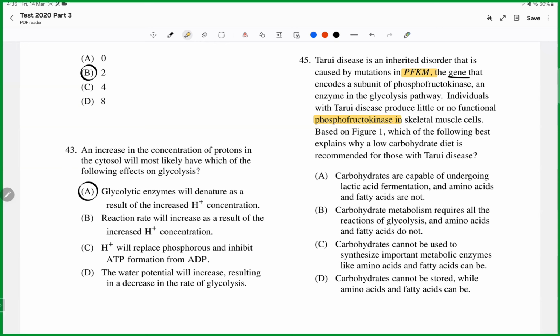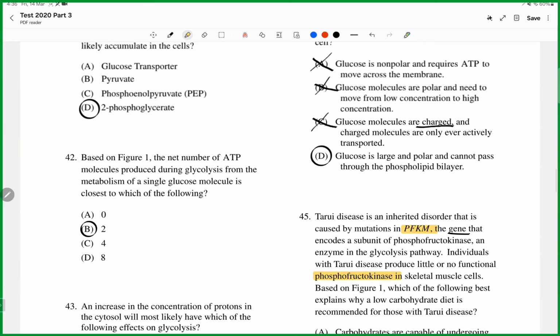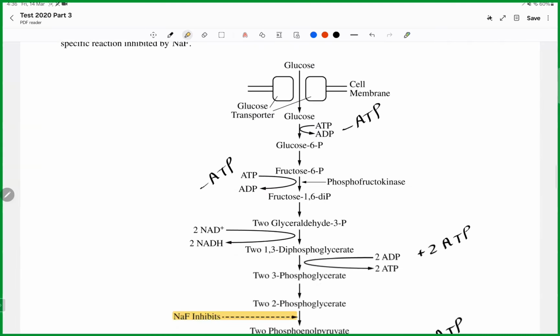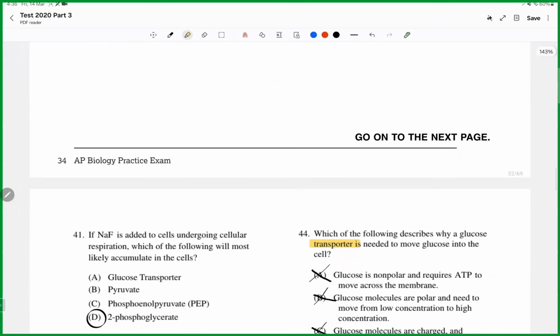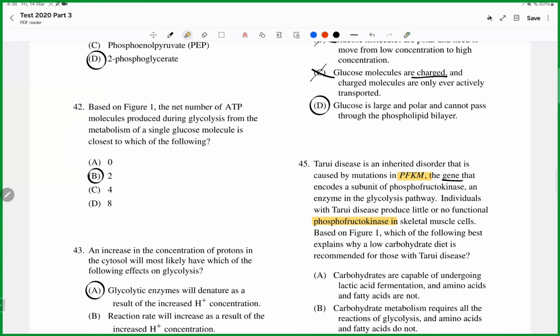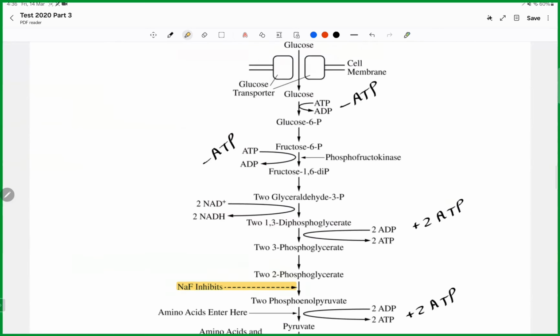So based on figure 1, there's a figure. Oh, the same question. We're still on the same long question. Yeah, I know, it sucks, but what can we do? I can put the same beginning in every single one of them.